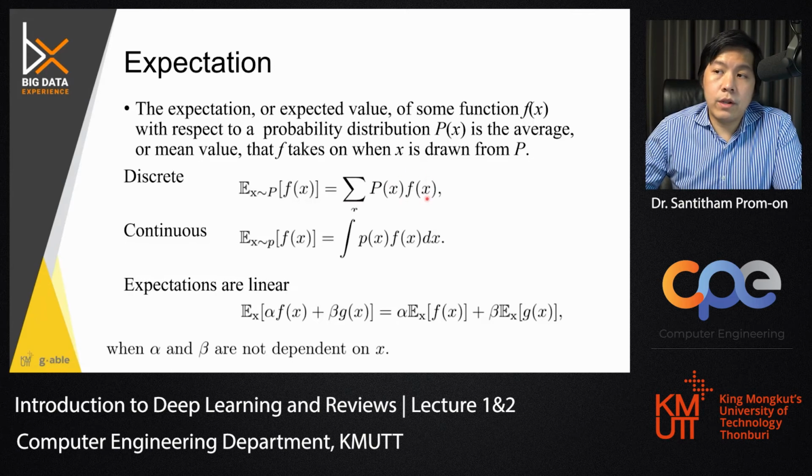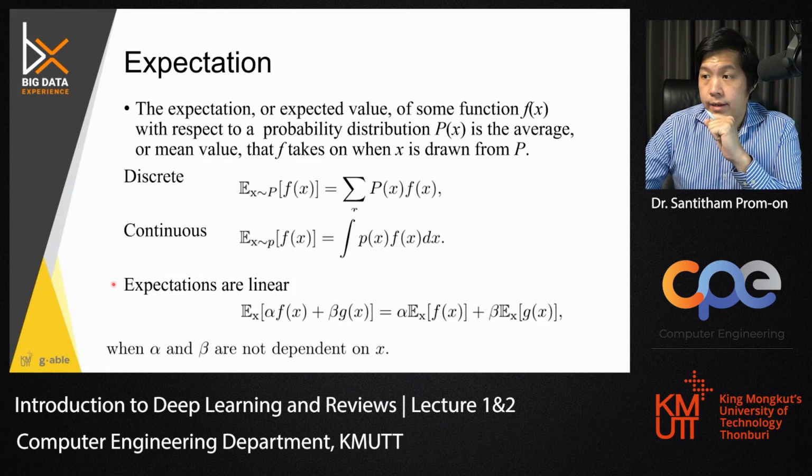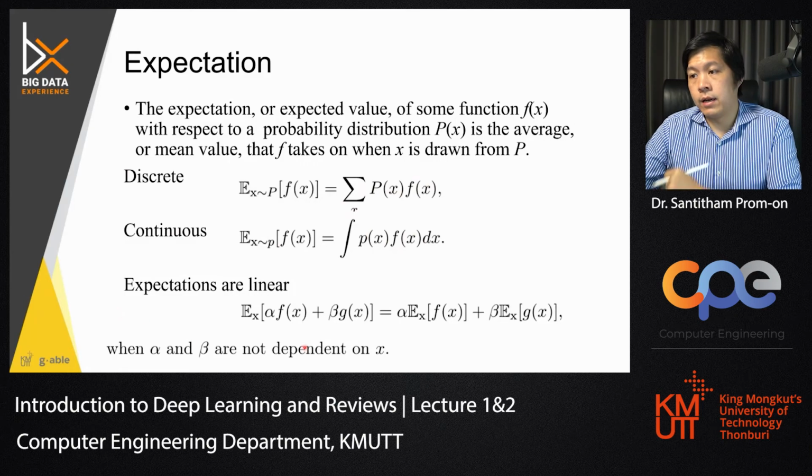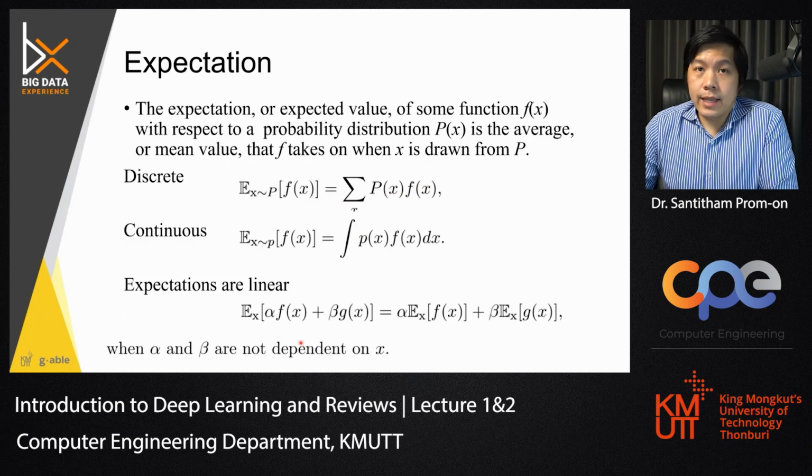So expected value in the discrete sense is the summation of p(x) times f(x), where p(x) is the chance that the thing happens and f(x) the outcome. While in the continuous sense, it's the integration of probability and the value. So this is expected value.